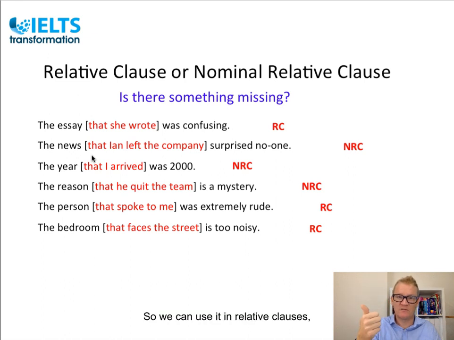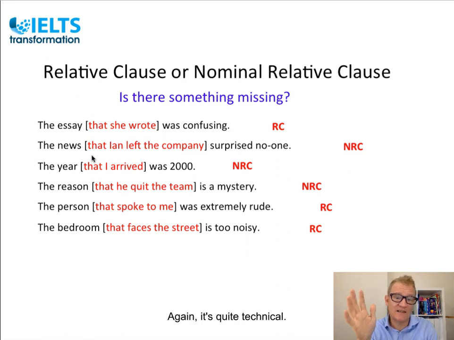So we can use it in relative clauses, noun clauses, and also it's a pronoun. That book is mine. So we have to be careful. Again, it's quite technical, but once you start to look and to notice and be a meerkat, as I mentioned, this will become easier. So that's part one.